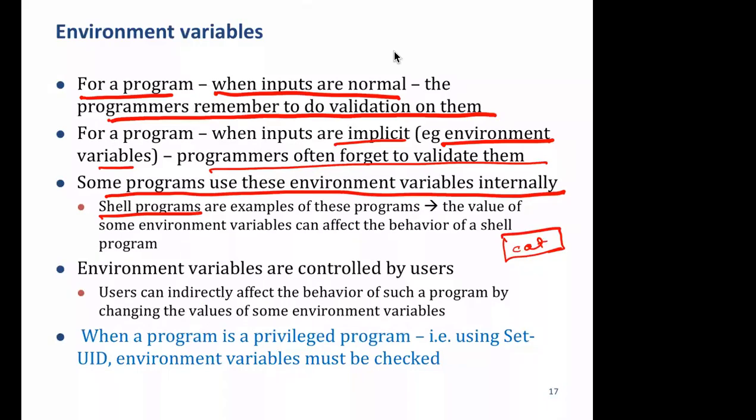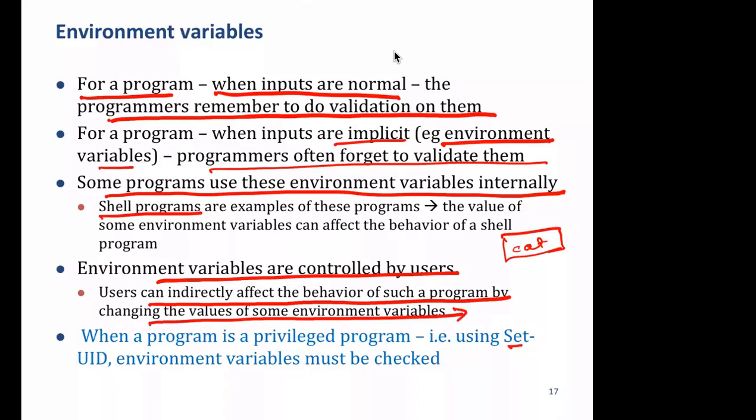Now environment variables can be controlled by the user, of course. And the user can indirectly affect the behavior of a program by changing values of some environment variables. And this is where set UID becomes important.